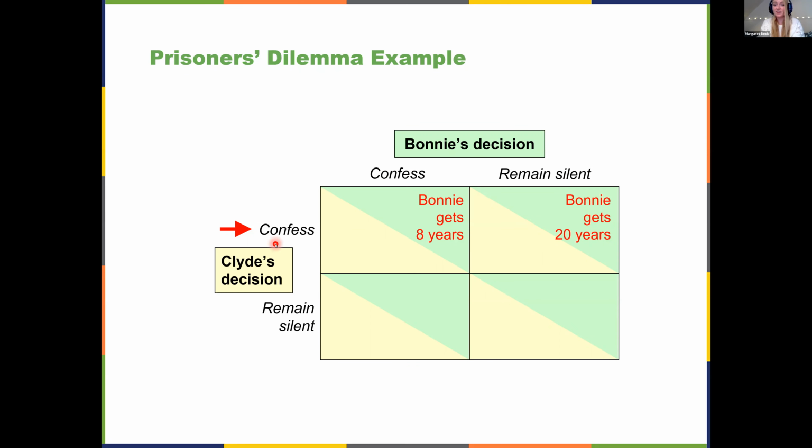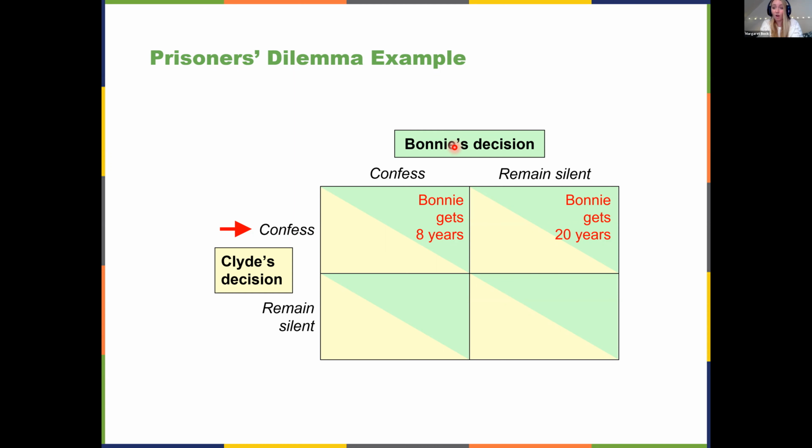So let's start with the first possible decision that Clyde would make. Let's assume that Clyde decides to confess and say, yes, I was part of this robbery, but it wasn't my fault. It was Bonnie's fault. Bonnie was the one that planned this entire robbery. So if Clyde decides to confess, what is going to happen to Bonnie?